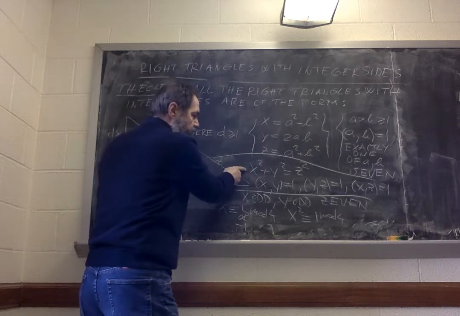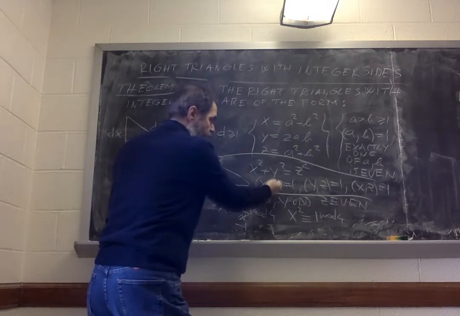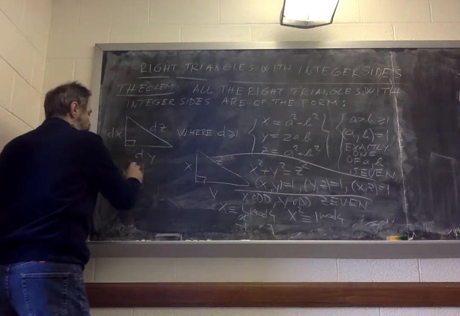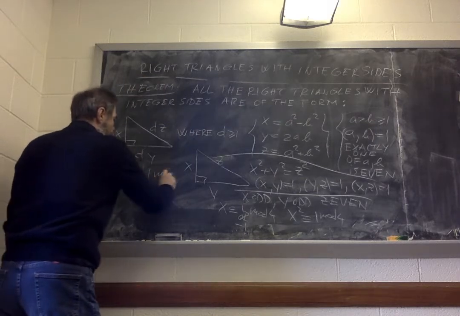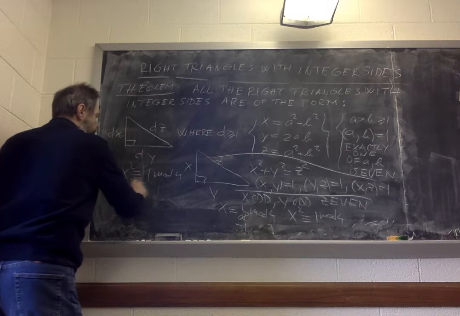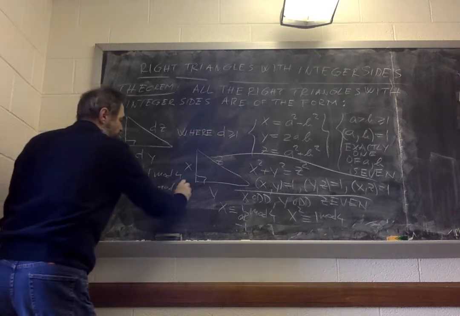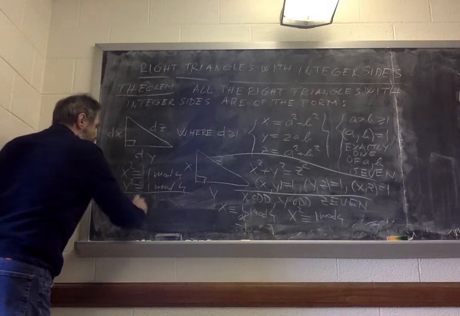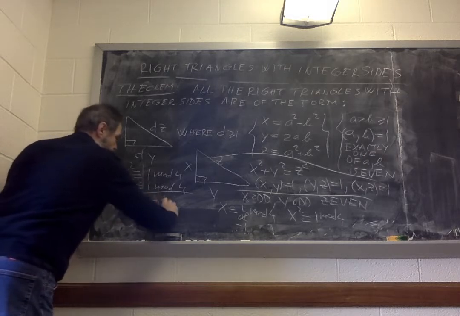So x squared is congruent to 1, and for the same reason y squared, y being odd. When I add these two numbers, I get that x squared plus y squared is congruent to 2 mod 4.